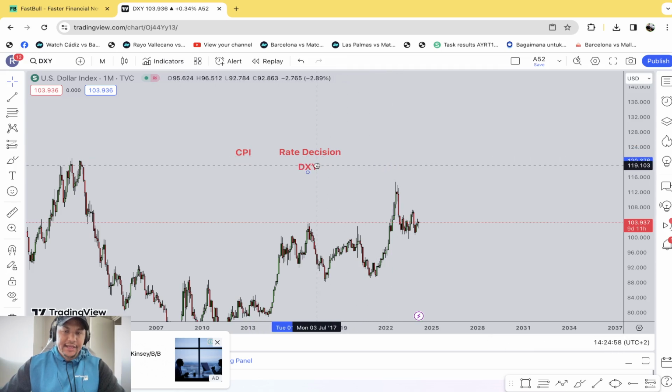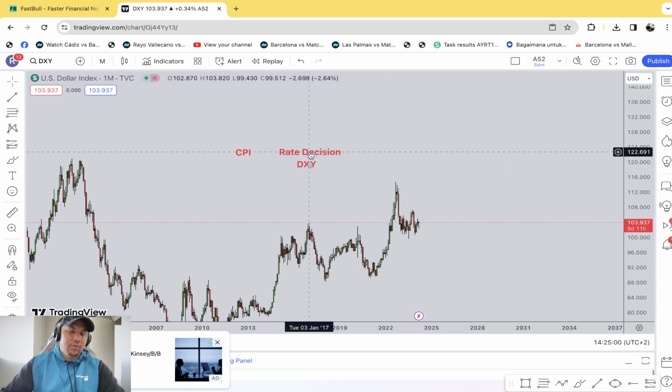Now, these two basically work in the same direction; it's not negatively correlated.